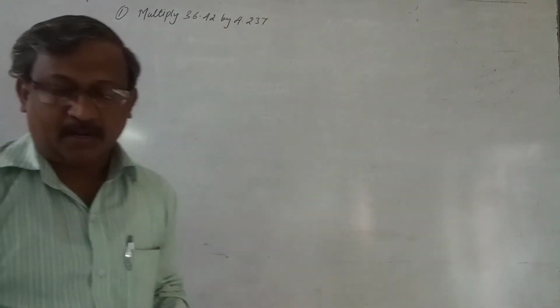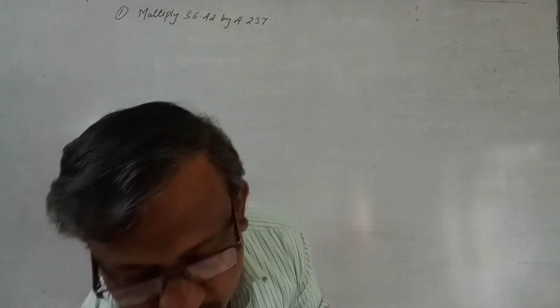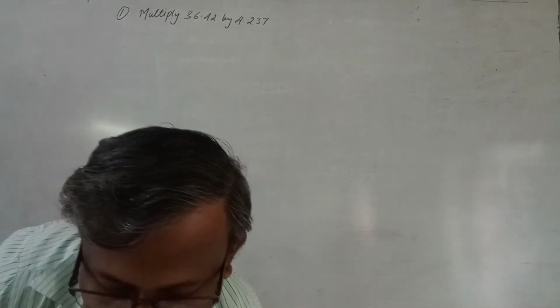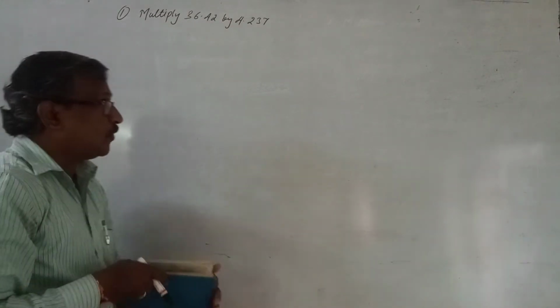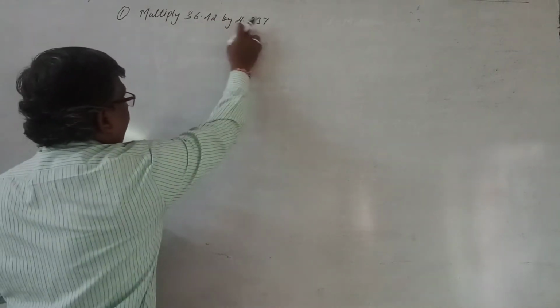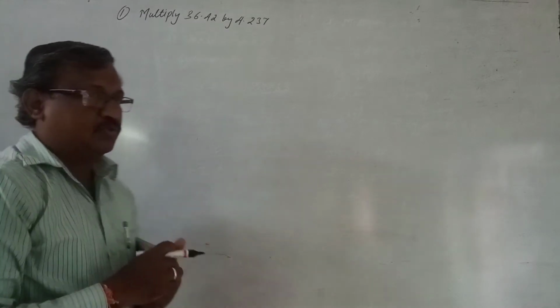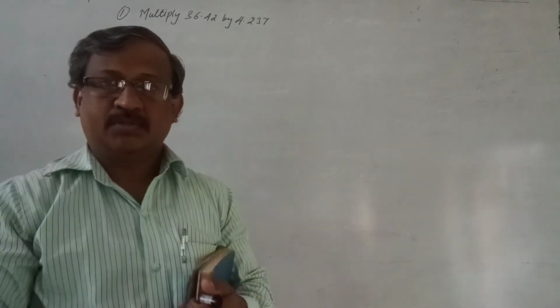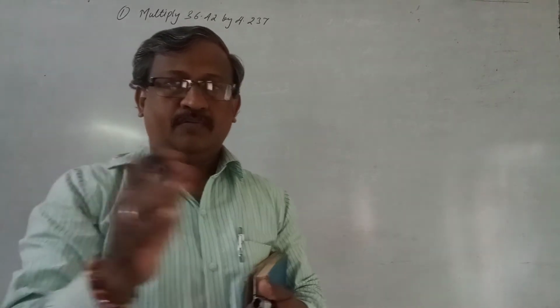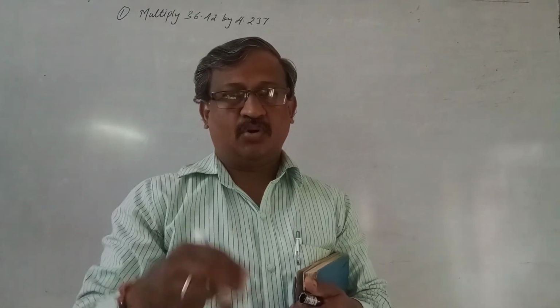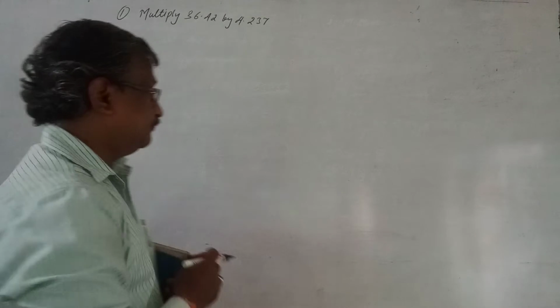You have to multiply these two numbers by using the logarithm. So how to multiply by using the logarithm? Clear? Here we are going to multiply these two numbers. When you want to multiply two numbers, I have already given the rule. First rule I have given, right? When you want to multiply two numbers, logs always we have to add, right?